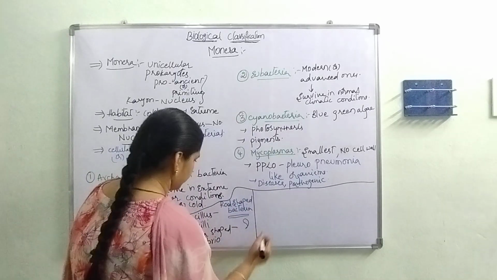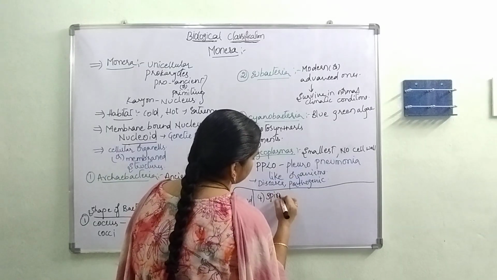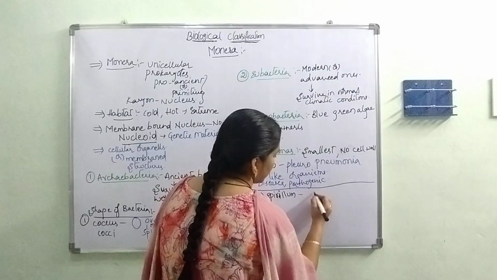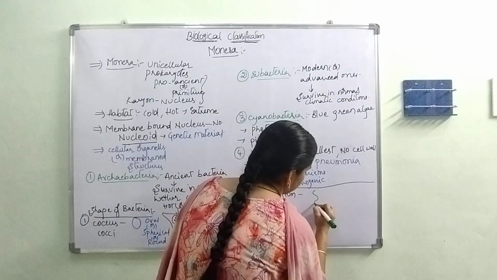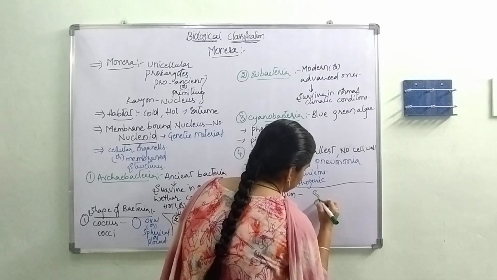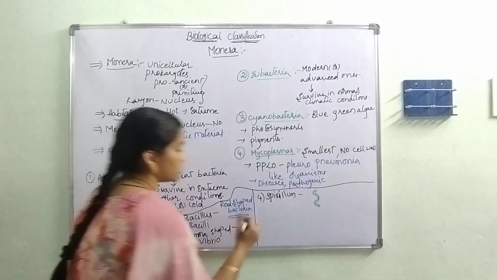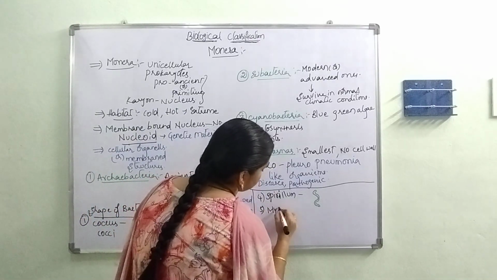Next, the fourth one is spirillum, or spiral like. The shape of the spirillum is like this. And the last one is mycelial.